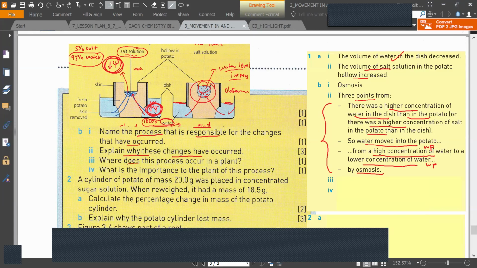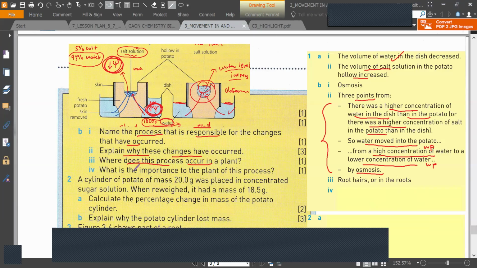Next, where does this process occur in the plant? Basically it can happen in the root. When the roots are exposed to water, water will move into the roots by osmosis.